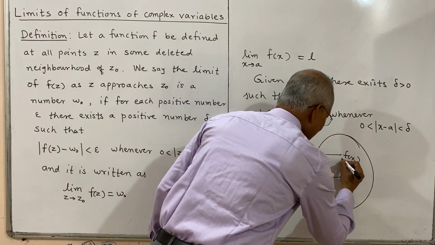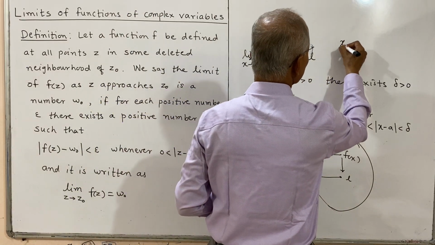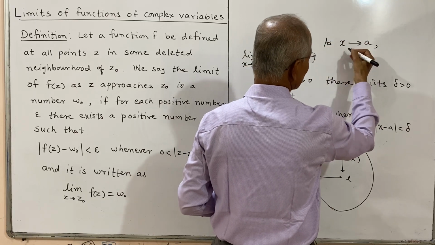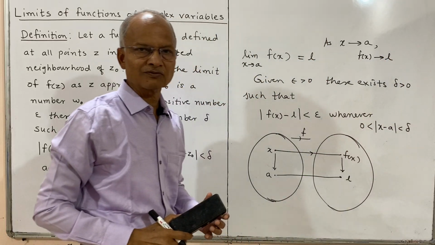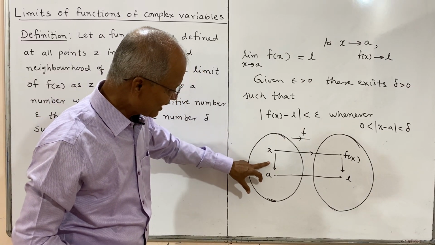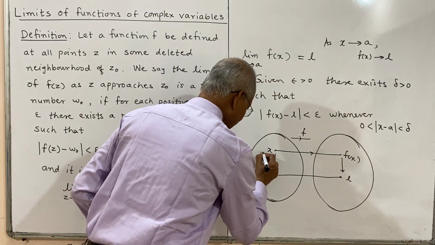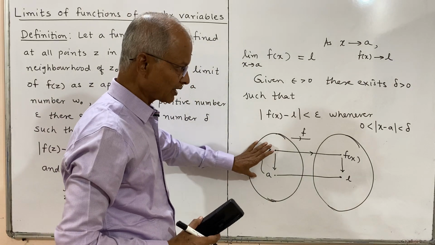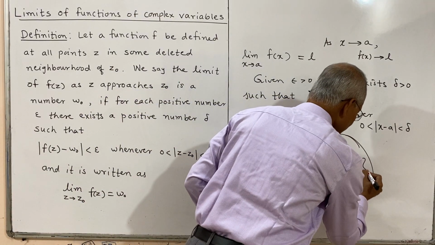So f of x will approach L when x is closer and closer to a; this is the meaning of x tends to a. That means whenever the distance between x and a is smaller than delta, then the distance between f of x and L is less than epsilon.